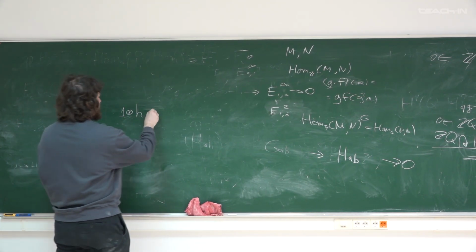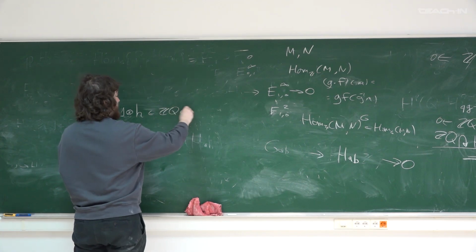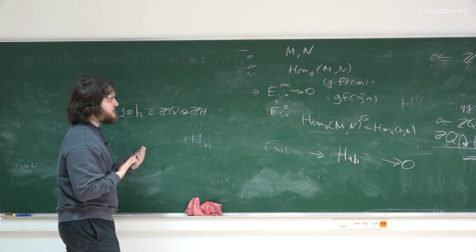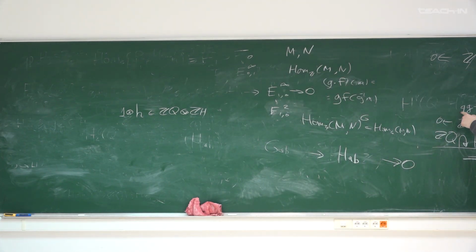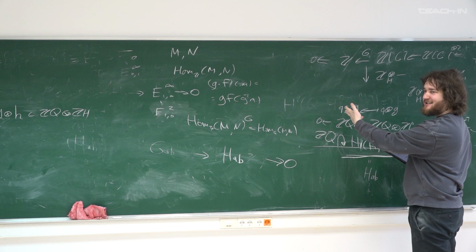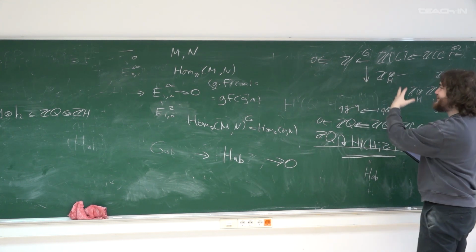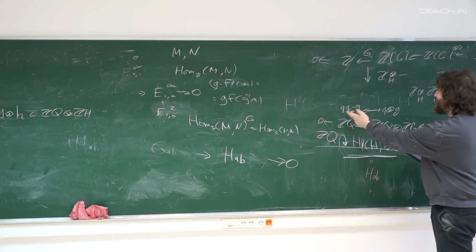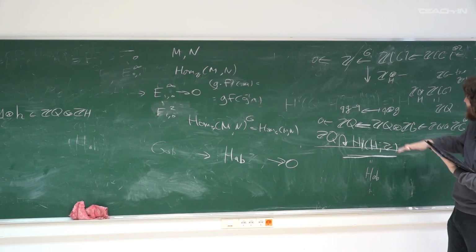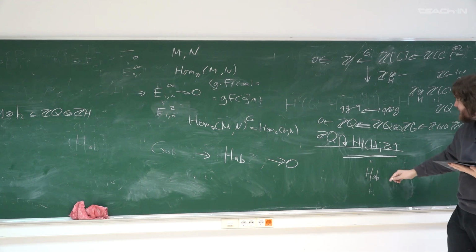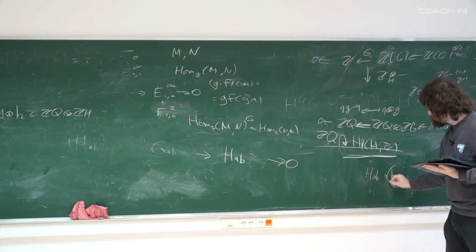This element lies in ZH. It's a cycle because by this map, 1H goes to the coset of 1, because we consider cosets modulo H, and this will be H minus H, so it's 0. So it's a one-cycle, and in fact this one-cycle corresponds to elements of H here.